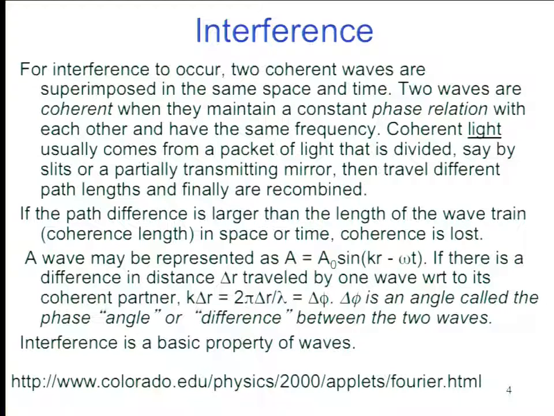So if the phase difference, phi 1 minus phi 2, is pi, or 180 degrees, the waves would look like this. One of them is A1, looks like this, and 180 degrees is this much, because 360 is that. That gets me back to the start. So this is pi, or 180 degrees.